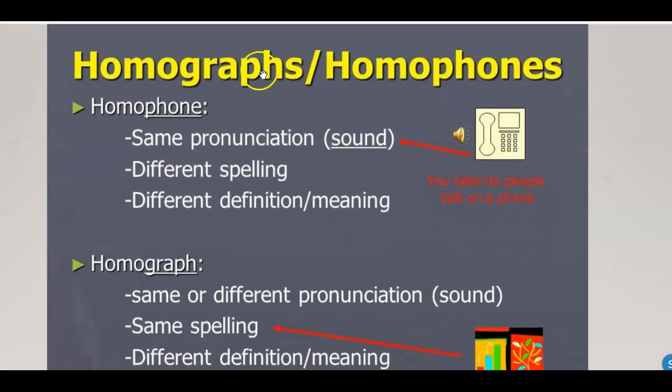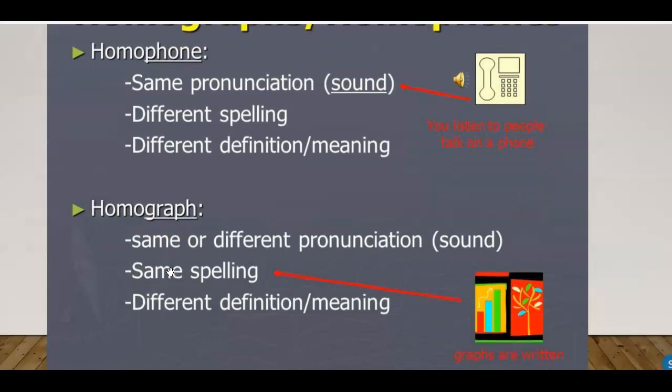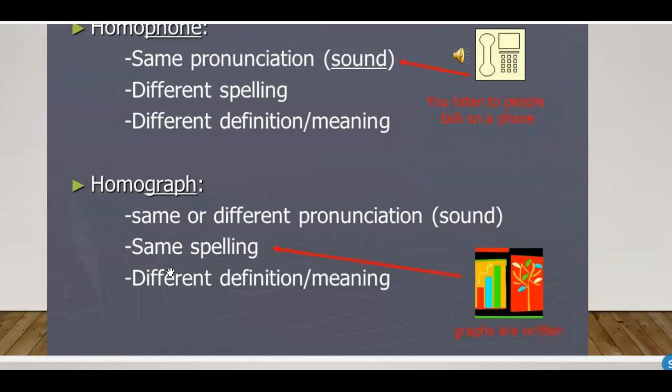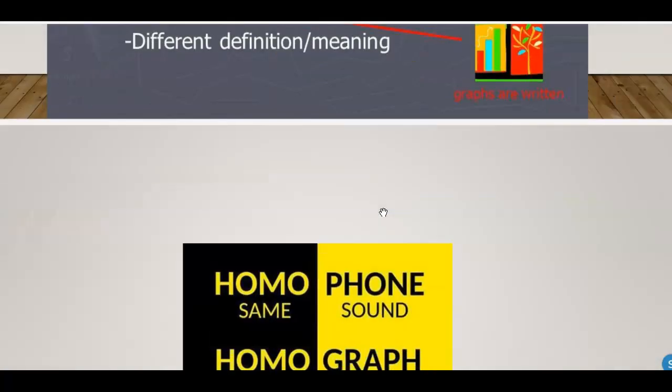So now let's transition from homophones to homographs. Graph means to write. So these are words that are going to be written the same. Again, we write them the same. The spelling is the same. What is different is the meaning and possibly how we say or pronounce the word.